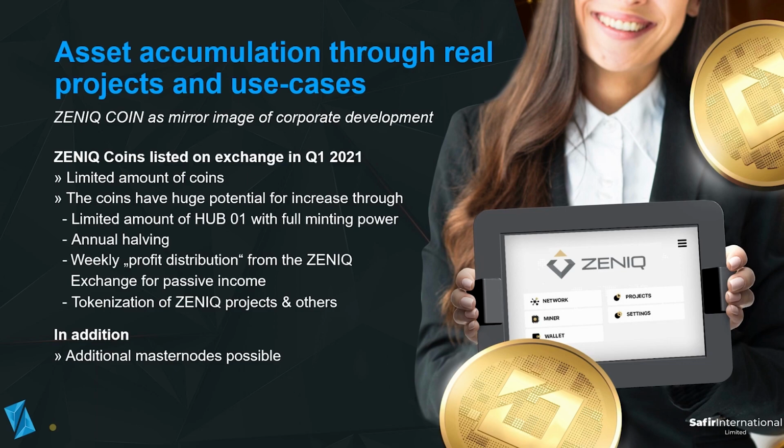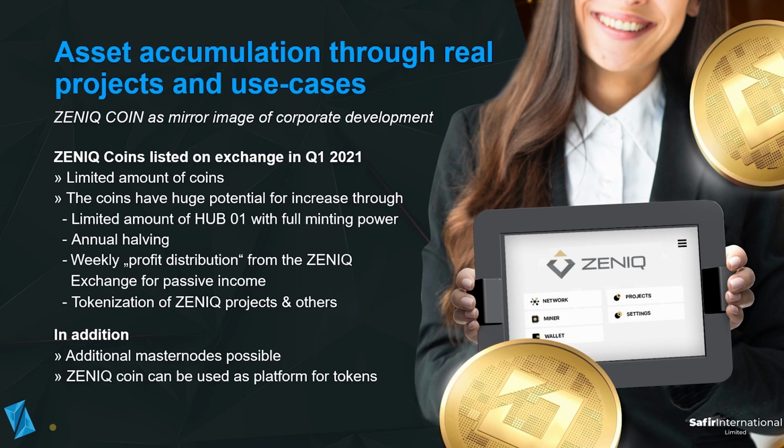So this means that you can mint Zeniq coins every day, but this also means that you can build up an Ethereum masternode, for example, and stake Ethereum as soon as the Ethereum staking is online. And also, the Zeniq coin can be used as a platform for tokens. So tokenization projects, creating tokens, and so on, everything possible right on your hub.